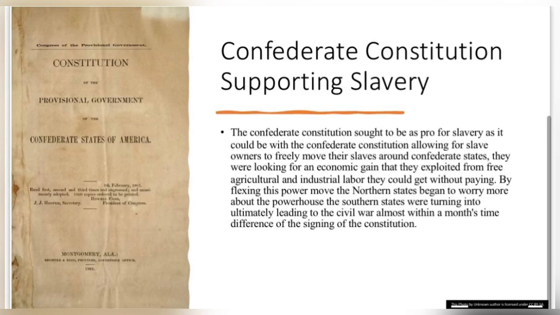And this worry just added to why the Civil War happened, because with the Confederate Constitution being instilled, it was showing that the Southern states weren't going to stop until they have their ideology across the United States, and that led to the Northern states not being as stable as they once were because they were fearing for their safety.